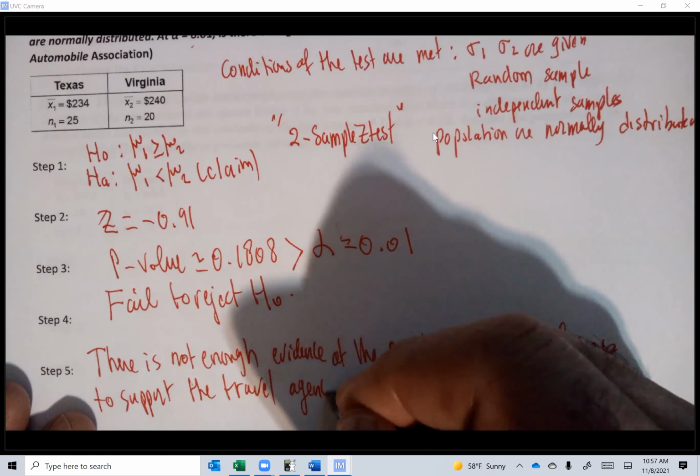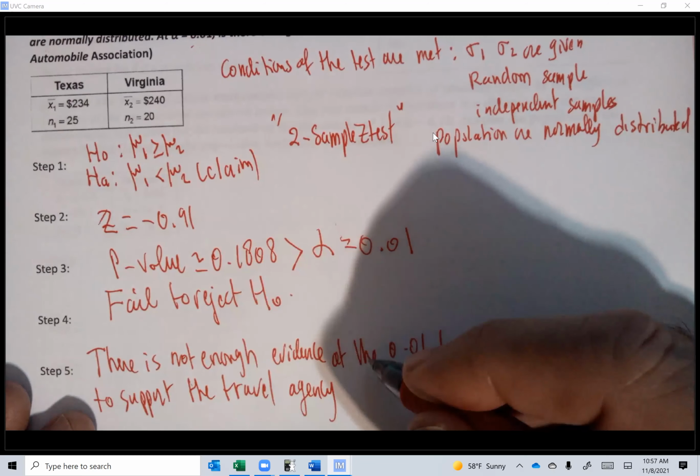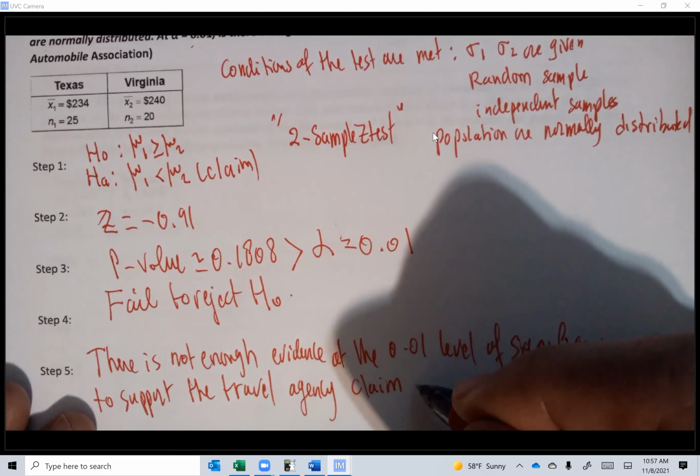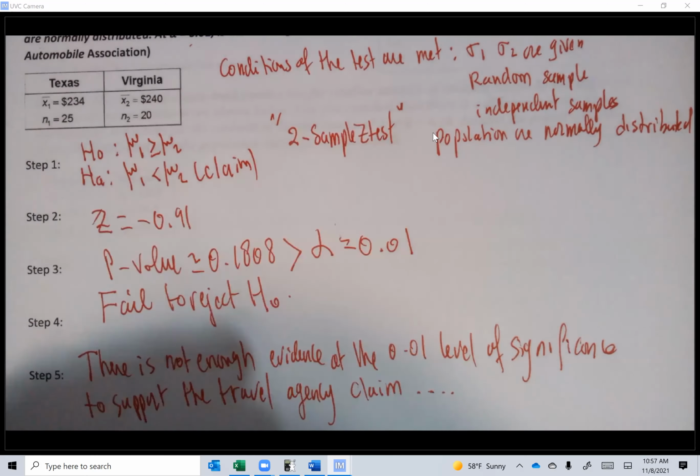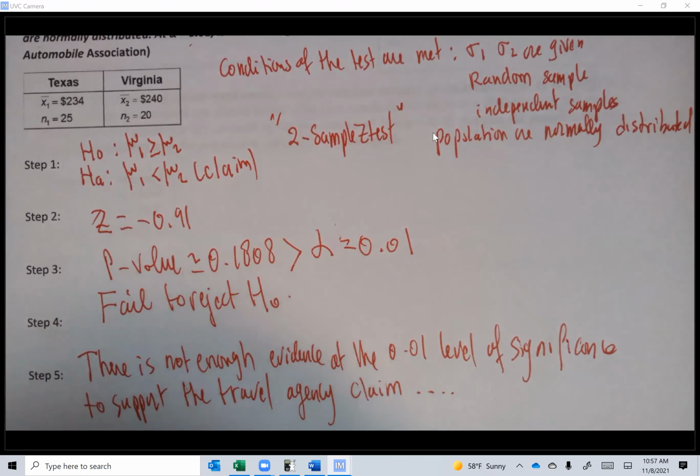So probably they're lying about us. That the average daily cost of meals and lodging for vacationing in Texas is less than that of Virginia. That's it.